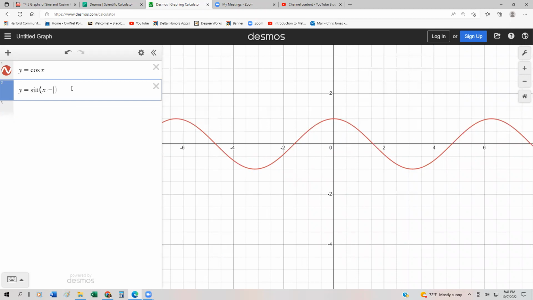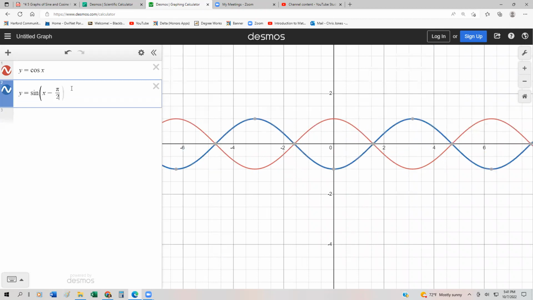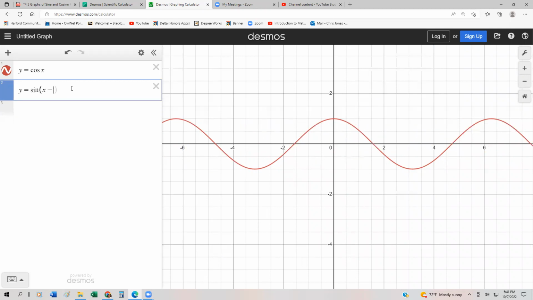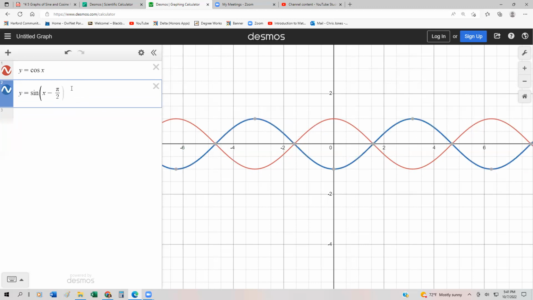So this would be x minus pi over 2, not pi, pi over 2. Then what would happen is it would shift a little bit. So it would be a shift of that function.